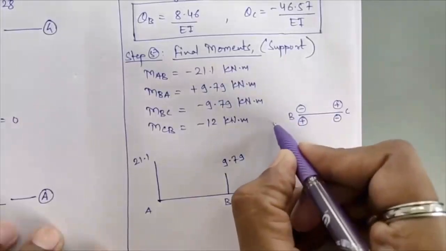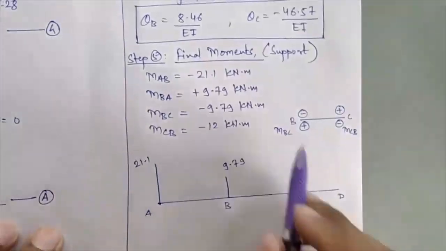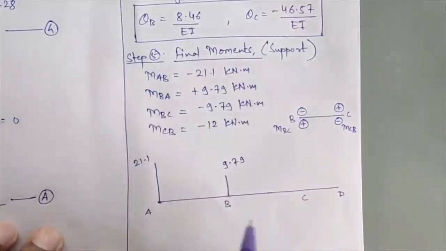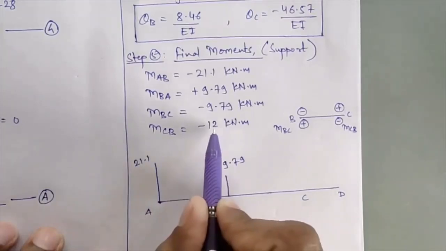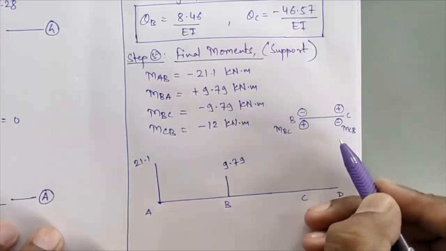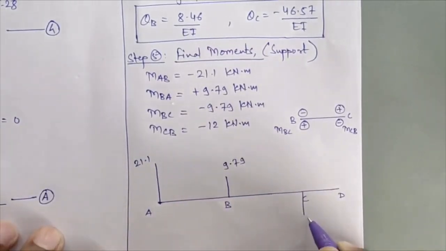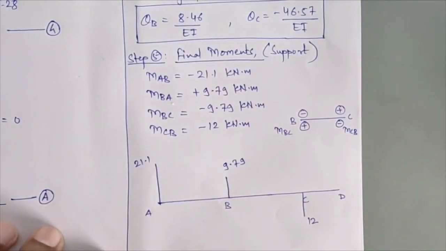Here whatever moment you get will be your MBC, and here you will get moment MCB. MBC is minus 9.79, negative, so plotted on the upward side, which we have already done. Last, MCB is equal to minus 12. So minus 12 will be plotted on the downward side, so that comes here, 12 kilonewton meter.